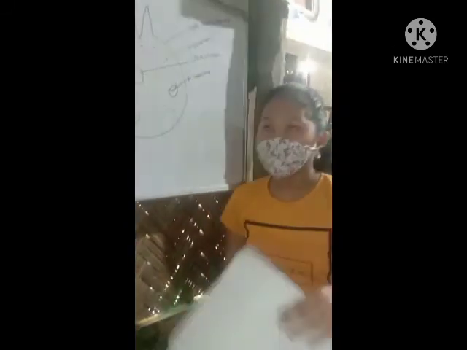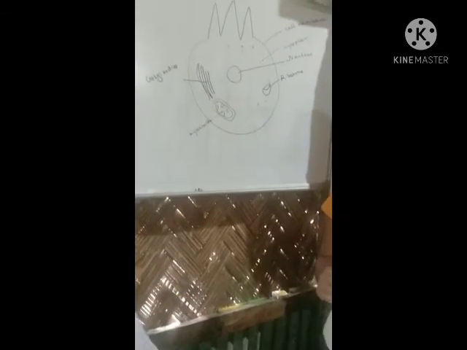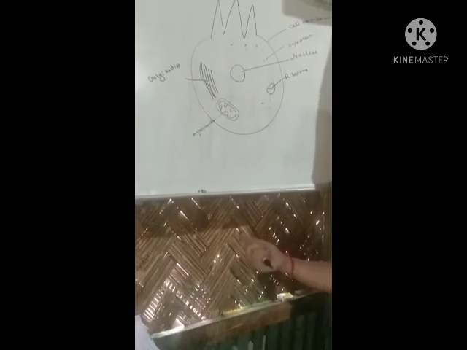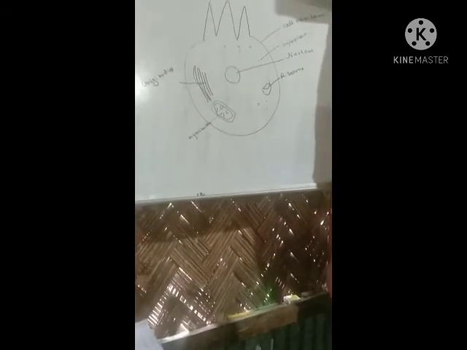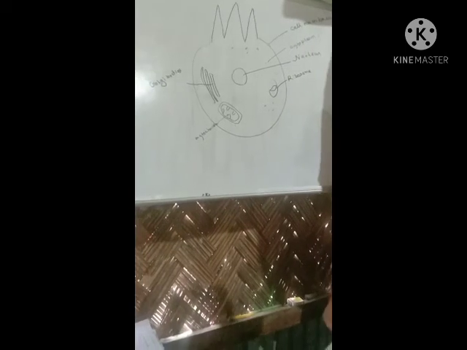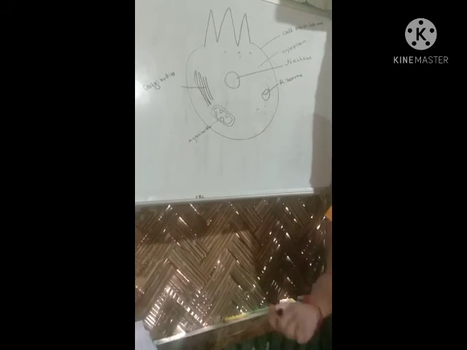Mitochondria are double membrane and enlarged cell organelle, present in animal cell, and act as a powerhouse.